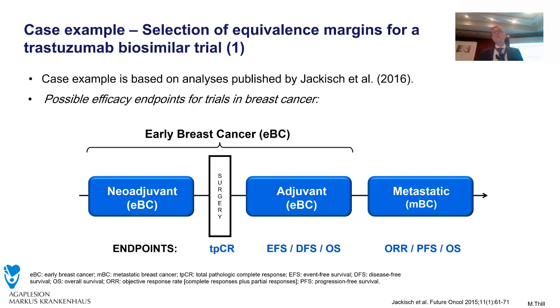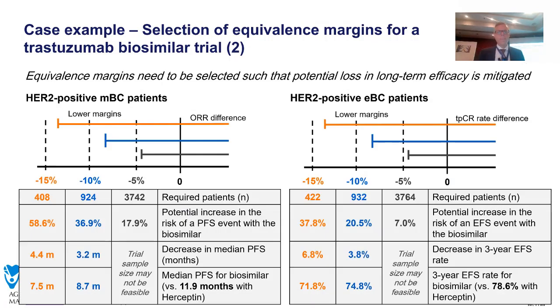That means a few thousand maybe. So it takes time to recruit these few thousand patients, and then later on you have to have a follow-up of at least 5 years. So if we have an idea now of making an adjuvant trial, we will get the results maybe in 8 years. So this is not feasible for testing biosimilars.